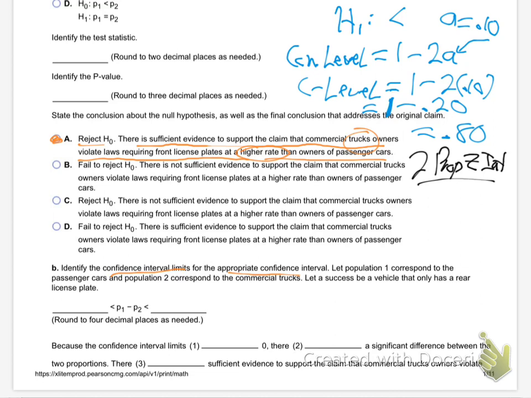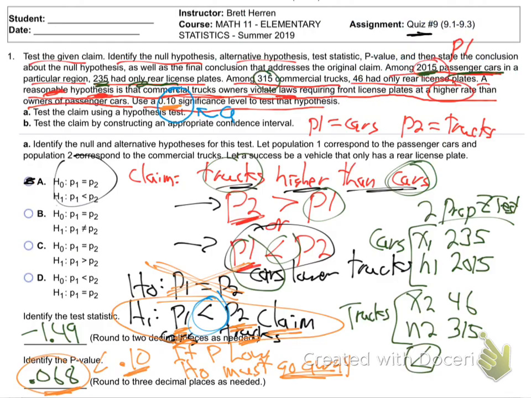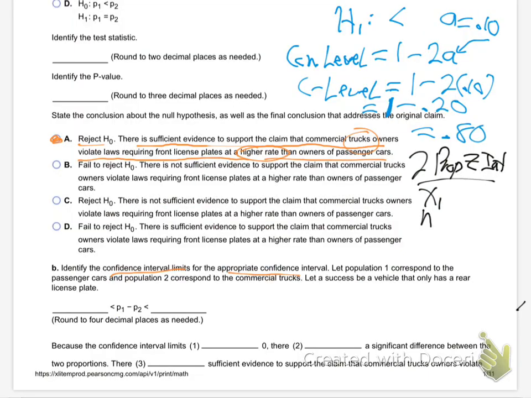Two proportions Z interval. And it'll already have the same x1, n1, all that. It'll have this information already in there. You just got to put in the confidence level, 0.80, right? Because we figured out it was going to be an 80% confidence level.